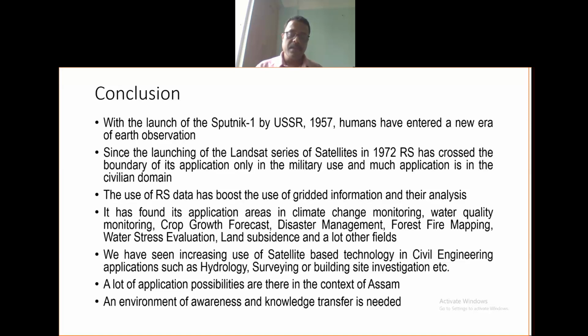The same thing can be monitored from space. So that is what I want to say. If we want to monitor a particular stretch of water in the Brahmaputra river, from upstream, in the middle and then downstream, you can get an indication.